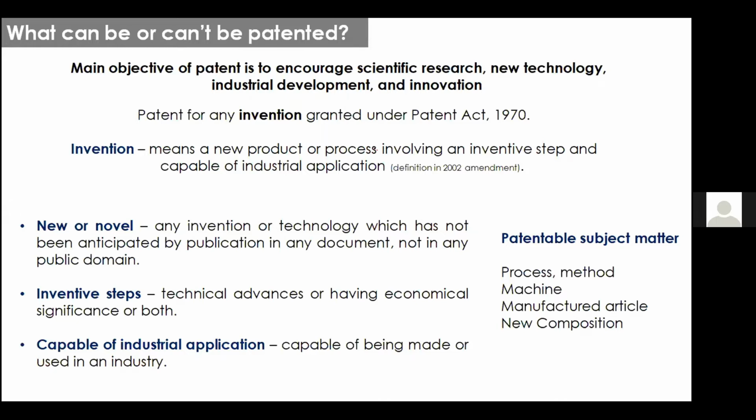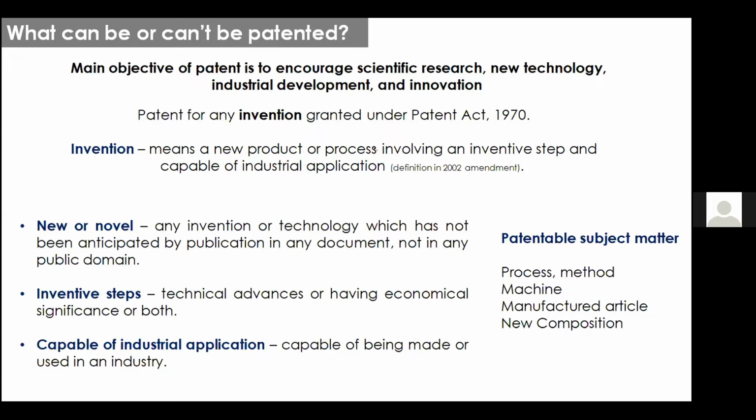So basically three terms arise from the definition. One is new product, that is new or novel. It means that any invention or technology has not been anticipated by publication in any document, or that there is no information in the public domain. So that is new or novel.